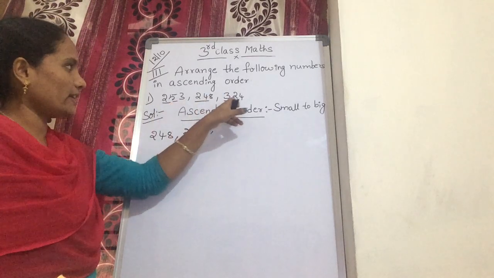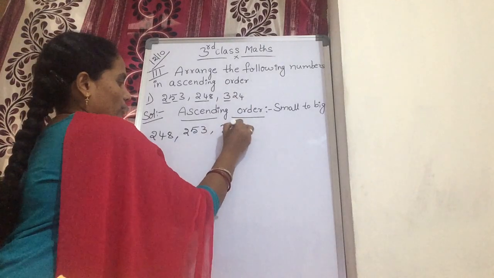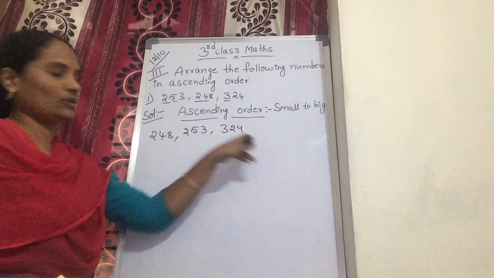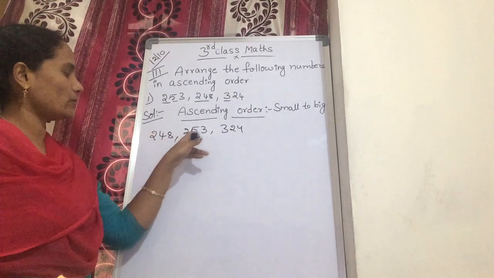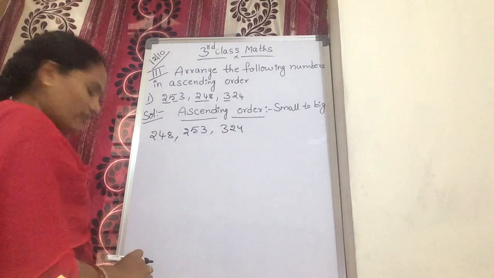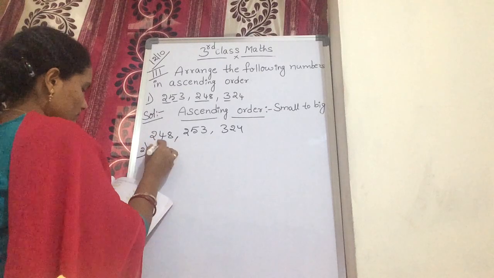Next 324 is the last number. We are arranging from small number to big number: 248, 253 and 324. Okay? One more is there. Let's see one more.